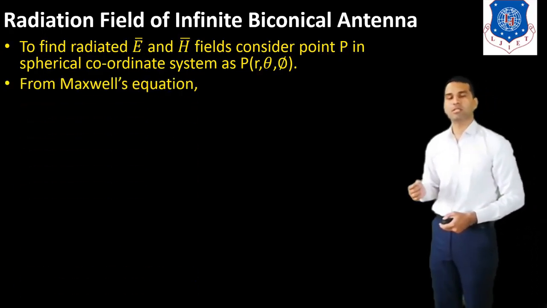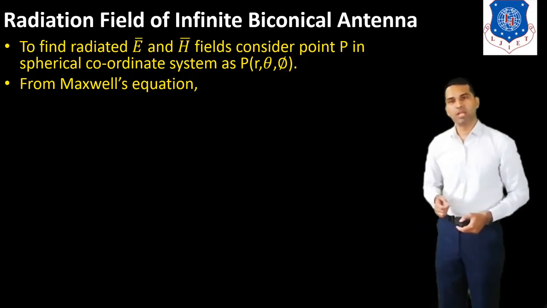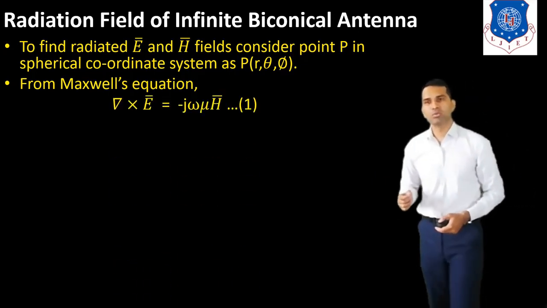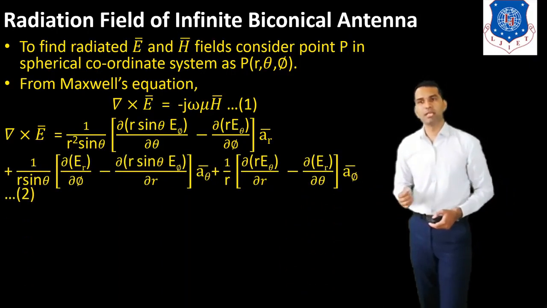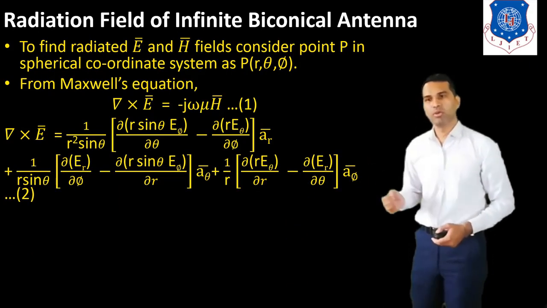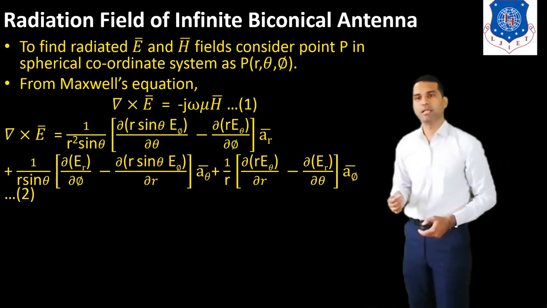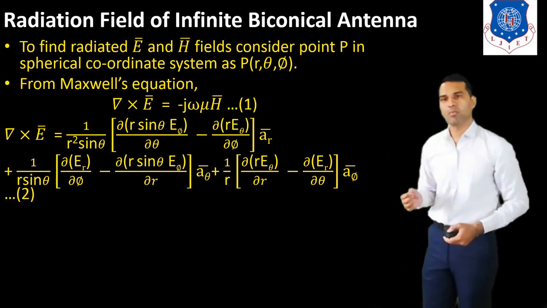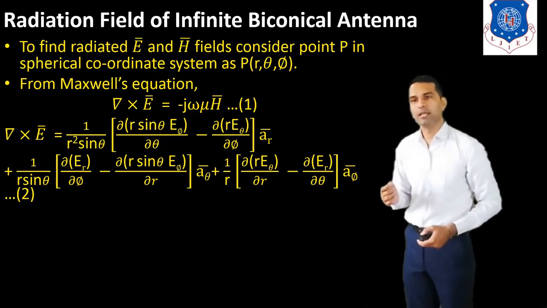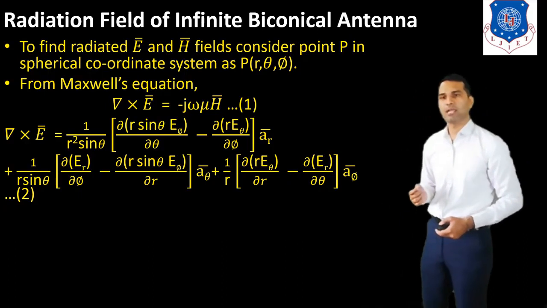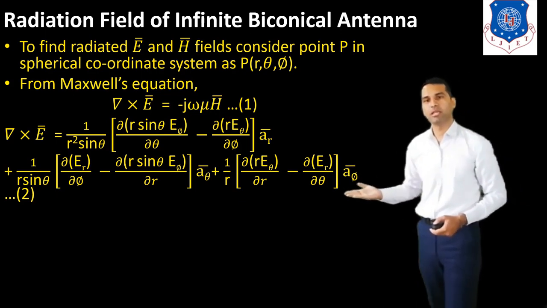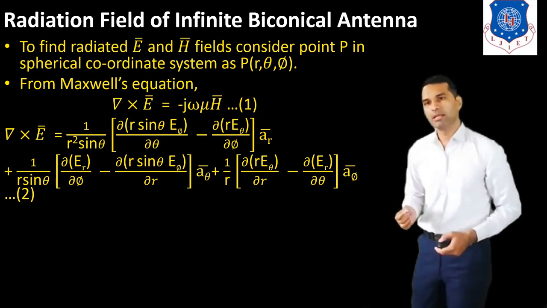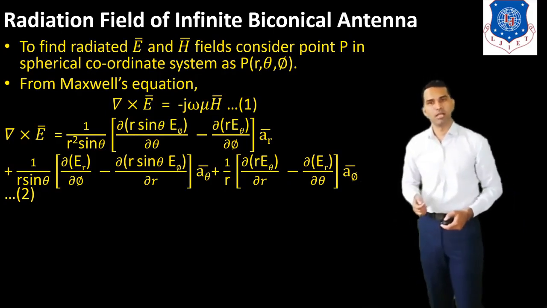From the Maxwell equation, we can write del cross E equals minus j omega mu into H. When we put in the value of E, we can write 1 upon r squared sin theta [del(r sin theta E theta)/del theta minus del(r E theta)/del r] a r, plus the a theta component 1 upon r sin theta [del E r/del phi minus del(r sin theta E theta)/del r] a theta, and the last one, the a phi component, is 1 upon r [del(r E theta)/del r minus del E r/del theta].